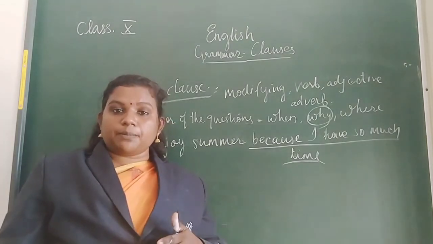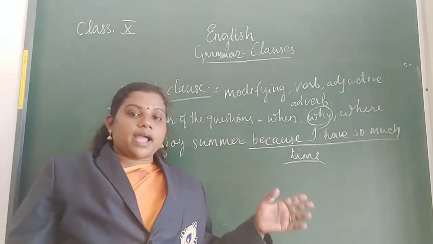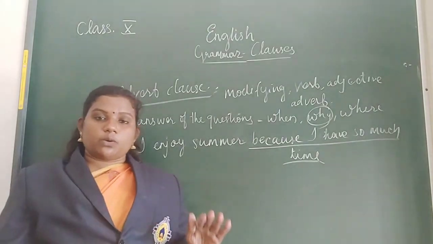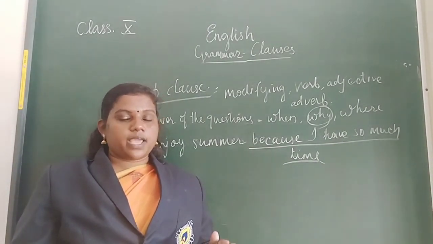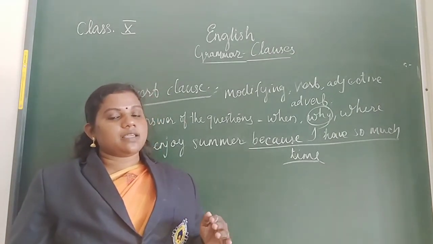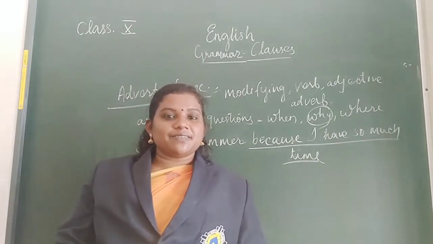It will get a complete meaning when it depends upon the main clause. And subordinate clauses can be divided into three: noun clause, adverb clause, adjective clause. Each clause classification also we have seen. Hope you understood this class, and next class we will see. Bye.